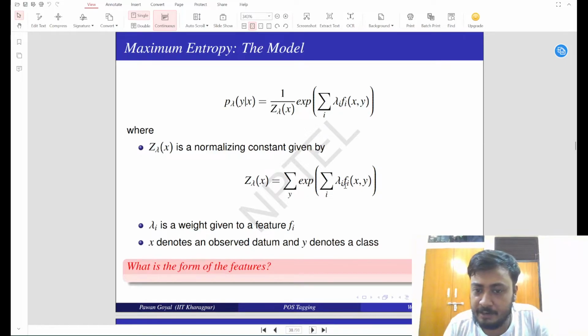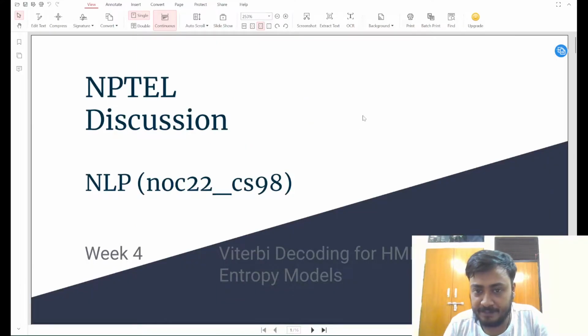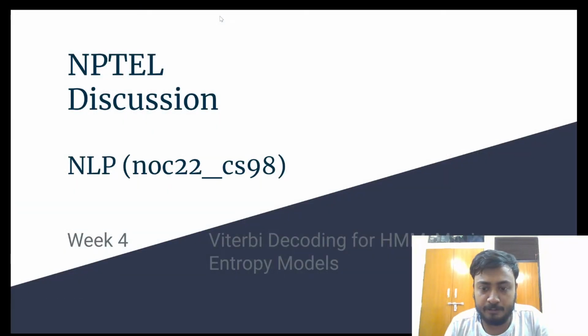The denominator will be common for both, because the x is the same over here, which is key. So again, let me be clear. In the step we are doing right now, x is the word key, and the possible y's, in this case, are T1 and T2 only that we have to consider, right?